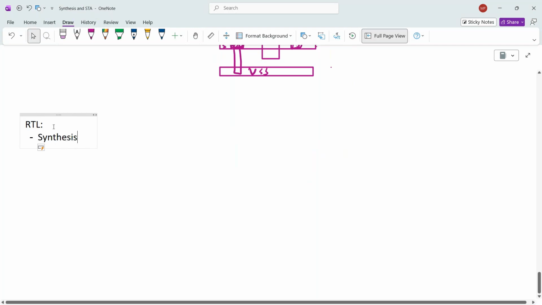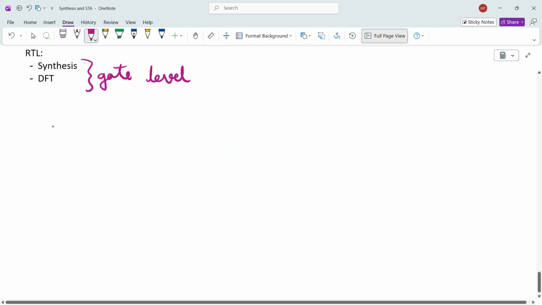We are doing synthesis. We are doing DFT. These are nothing but gate level. When I say it is gate level, I mean to say that it is technology dependent.